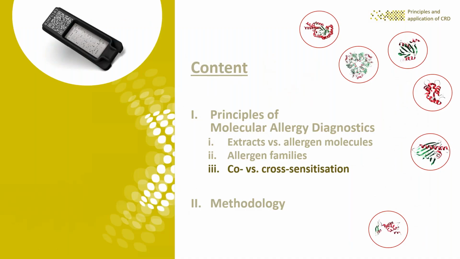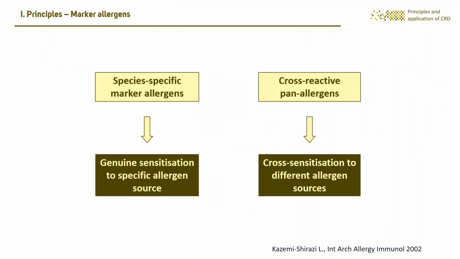So all these ways to sort allergen molecules, to characterize them, can help us to better understand co- and cross-sensitization, and to use these principles to get to an answer what is going on in our patient. How does this work? This is also quite simple. There are some so-called species-specific marker allergens and cross-reactive allergens.